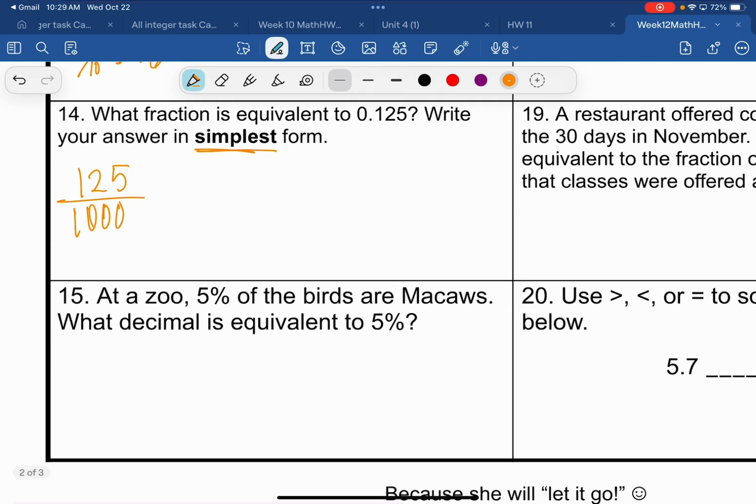Number 15. At a zoo, 5% of the birds are macaws. What decimal is equivalent to 5%? So in your notes, guys in the class, it's this page. In your journal, you want to look at this page to help you find how to make a percent into a decimal. Okay?